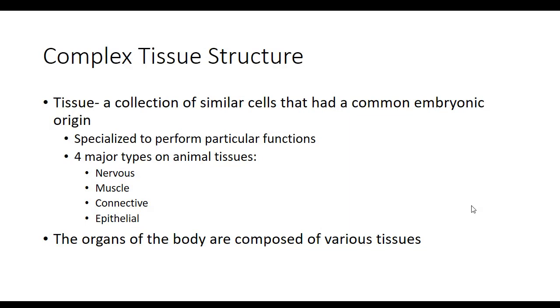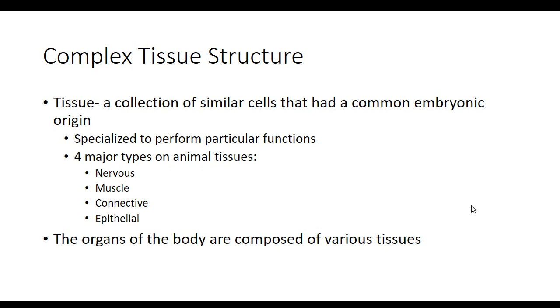We have connective tissue like tendons and ligaments that attach muscles to bones or bones to bones. Nervous tissue includes the neurons, which are the nerve cells that conduct impulses, and there's also a bunch of helper cells in the nervous system, called neuroglia cells.